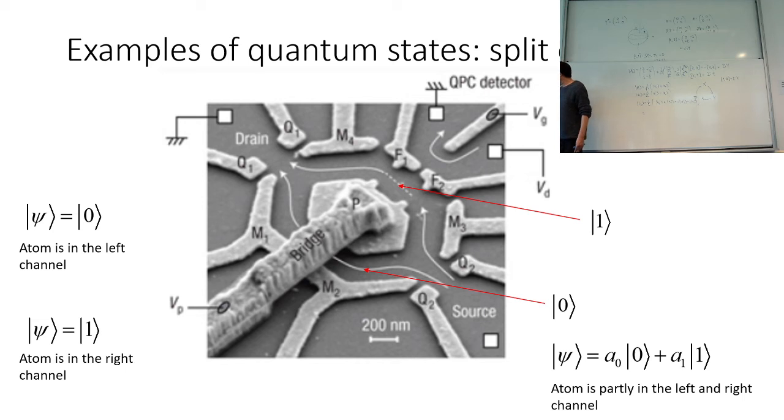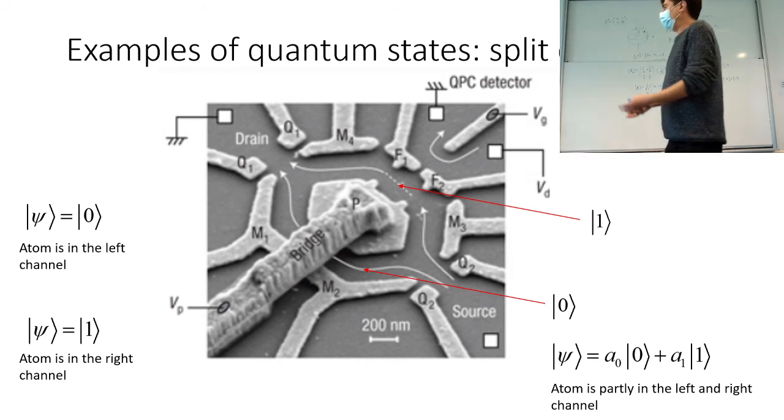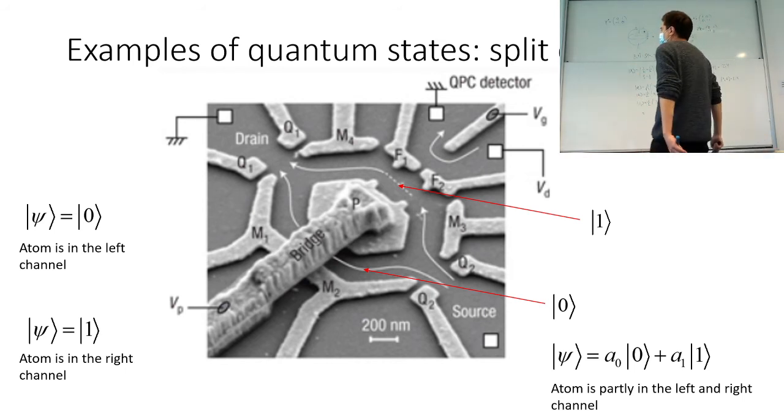So the electron is partly in the left and the right channel, as if split, going left and right at the same time. That is actually allowed in quantum mechanics. That's a valid type of state.